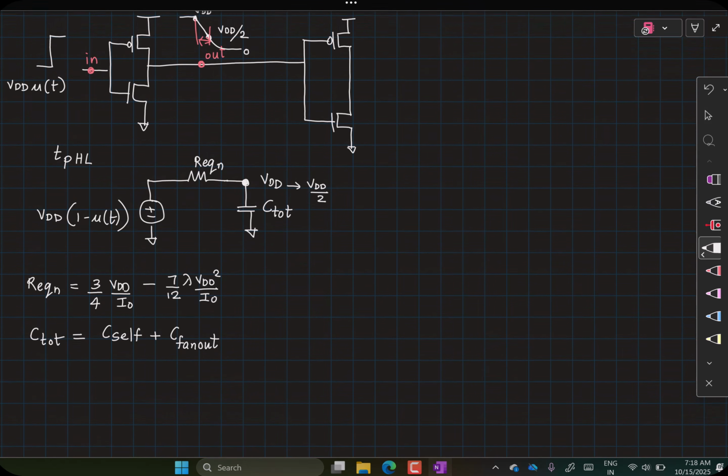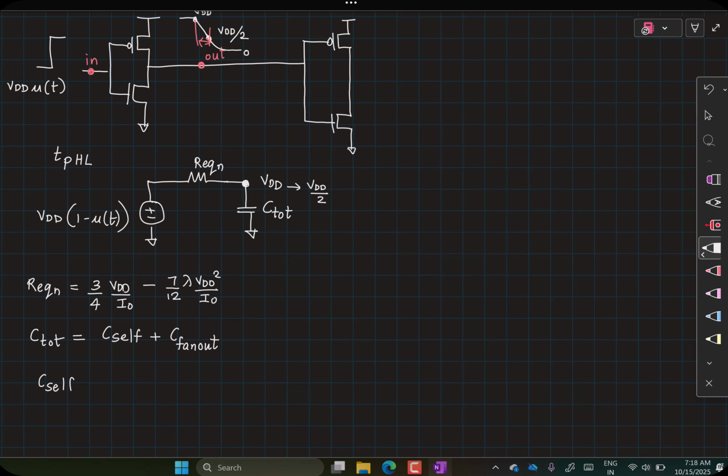The value of C self is given by, so we have a CGD capacitance in both these locations, and we transformed the CGD capacitor as a single capacitor being connected from the output node to the ground.